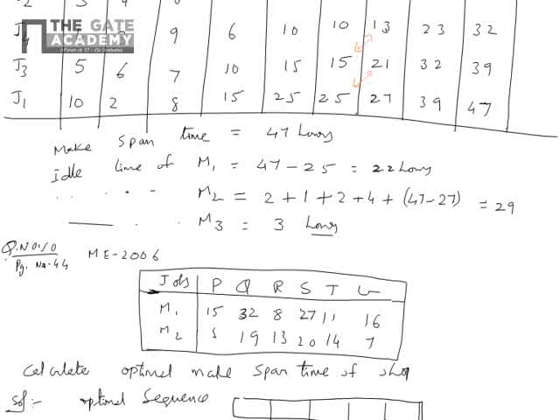Look for the minimum processing time out of all the processing times. 6 is the minimum, which is for job P on machine 2. Since it is on machine 2, you need to keep it last. So P has to be last. Next least is 7, also on machine 2. Keep it next to last.